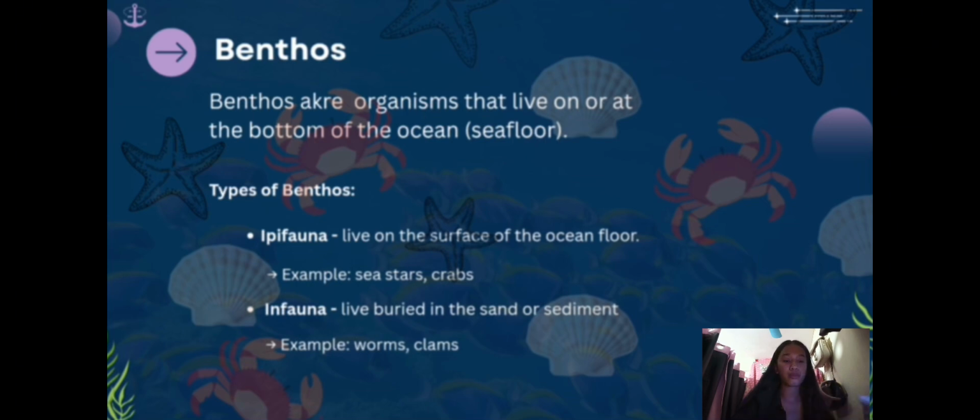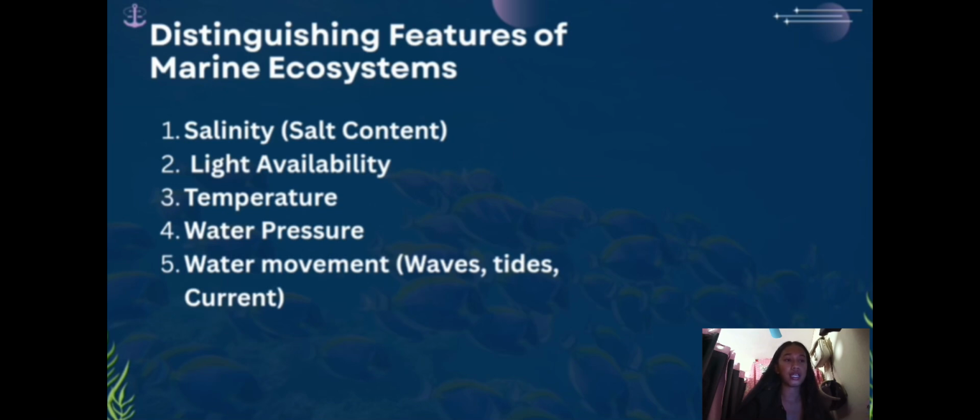Examples are worms or clams. So the marine ecosystem has several distinguishing features that greatly affect how organisms live, survive, and adapt in the environment. There are five distinguishing features: salinity, light availability, temperature, water pressure, and water movement.